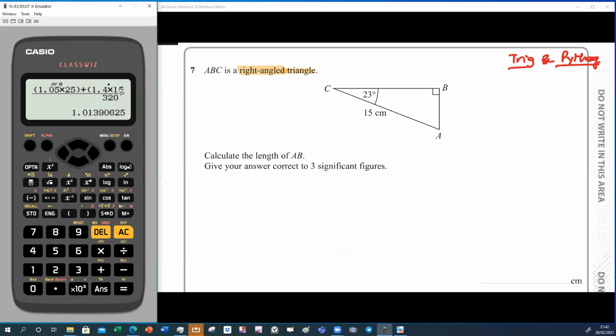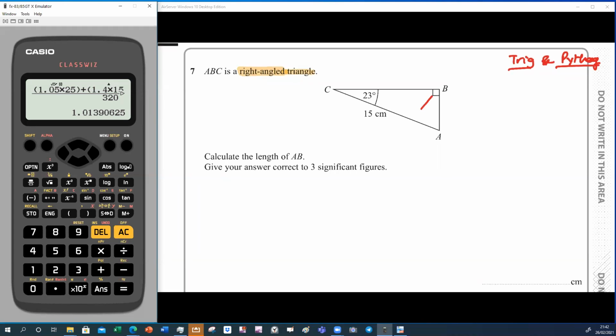So the moment they mention right angle triangle, you are in your maths toolbox in your head, and you've got in one hand the trig, and in the other hand Pythag. So you've got those two possibilities. First of all, let's label the diagram. The side which is opposite the right angle, what do we always call that side? Hypotenuse. Absolutely. The side opposite the angle given in the question is called the opposite.